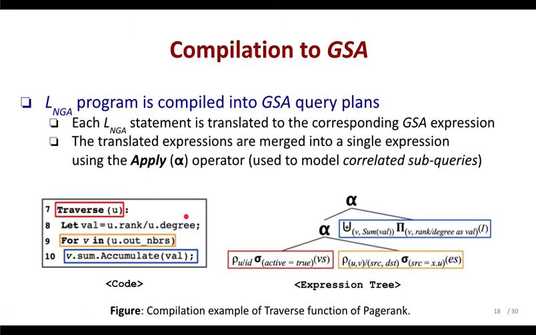Then the translated expressions are merged into a single expression, like this expression tree, and we use the apply operator. This apply operator is widely used to model correlated subqueries. Please refer to our paper for detailed explanations such as its decorrelation.